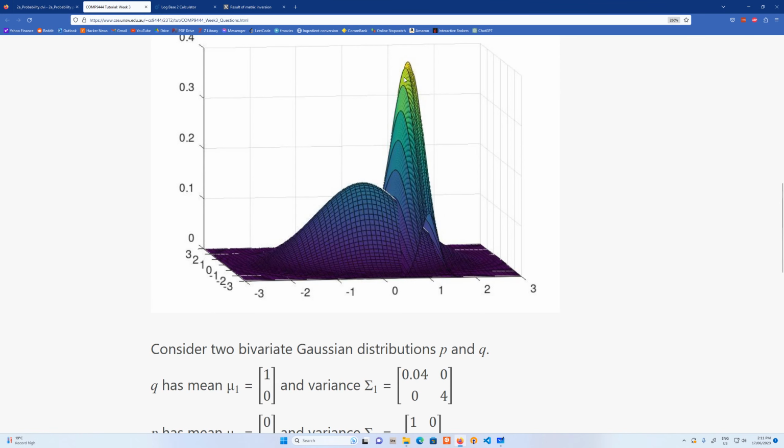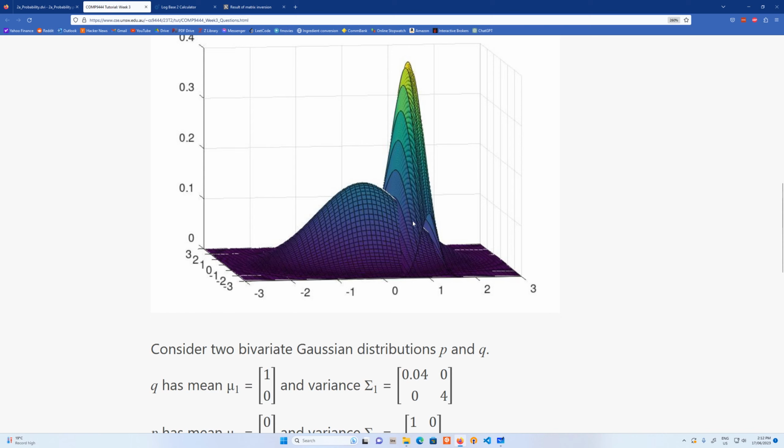We know that the Q distribution is this one with the big peak, but even though there's a big peak and it's less wide than the P distribution, you can see that the P distribution is not 0 across this Q distribution. You see how they intersect here?